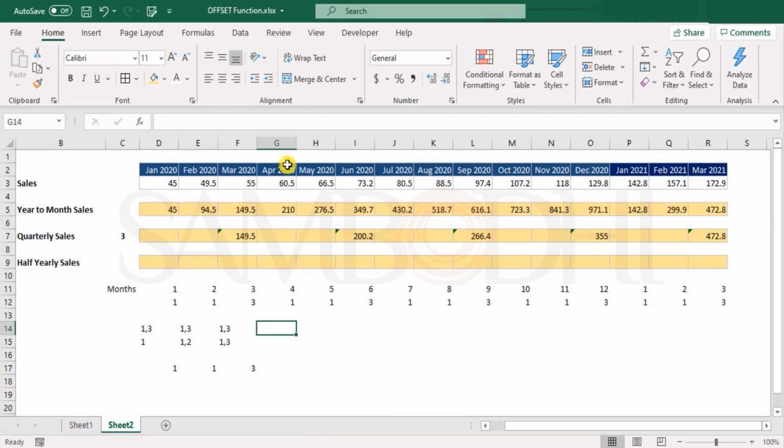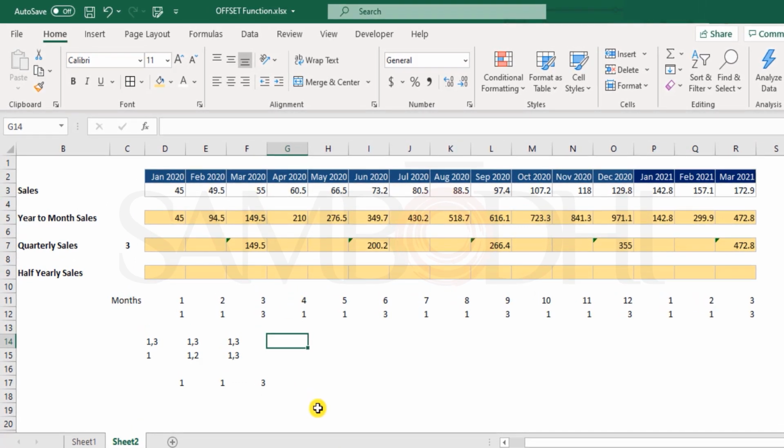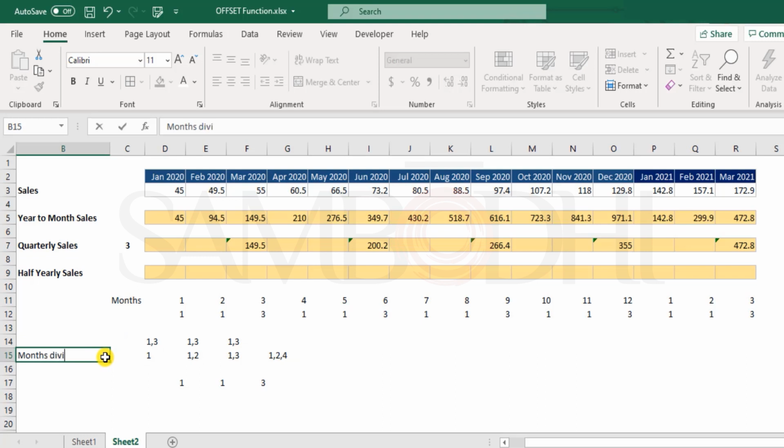Similarly, we have April, which is number 4. And 4 can be divided by 1, 2 as well as 4. Now, let me put this down. This is the month's divisors, and this is the divisors of 3.